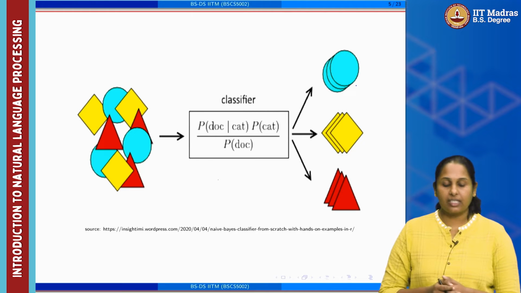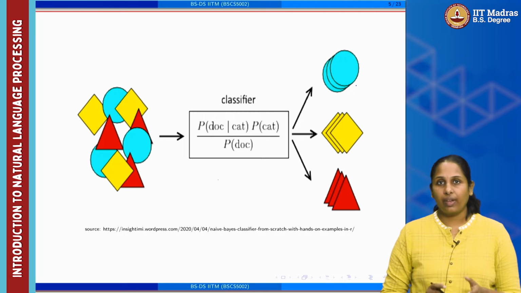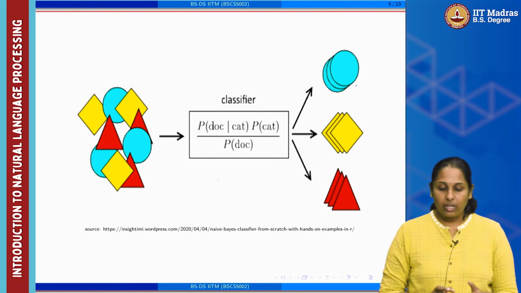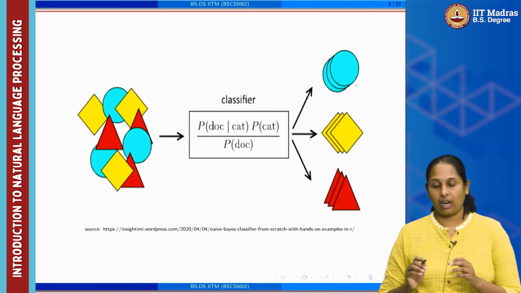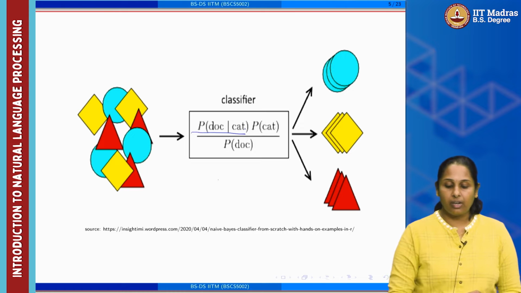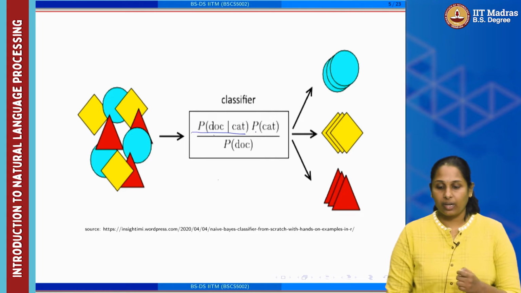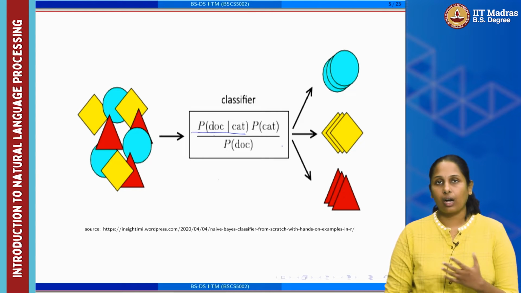So what exactly does it do? When we have a lot of data that is classified into multiple classes, the naive Bayes classifier identifies them into different classes. It uses the likelihood. For example, in a given document, how many of the different categories are identified as a probability, the prior probability of that particular category, and the probability of the complete document.